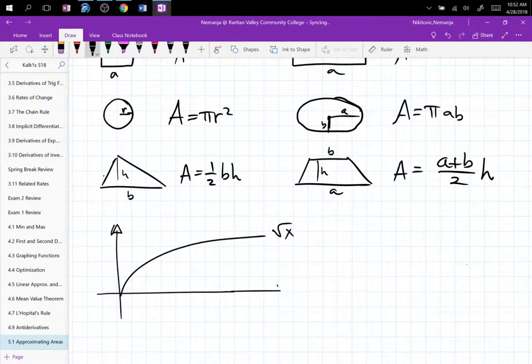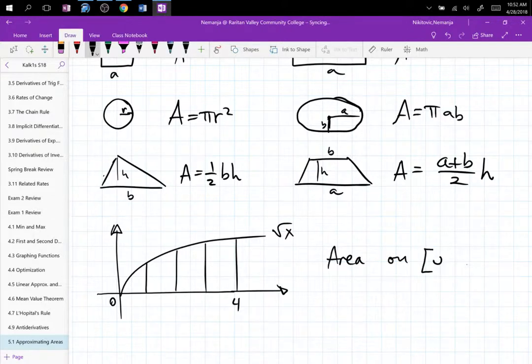That's the question. So let me partition it and try to find the area on 0 to 4. What I did is I partitioned it at every whole number, so 1, 2, 3, and 4.